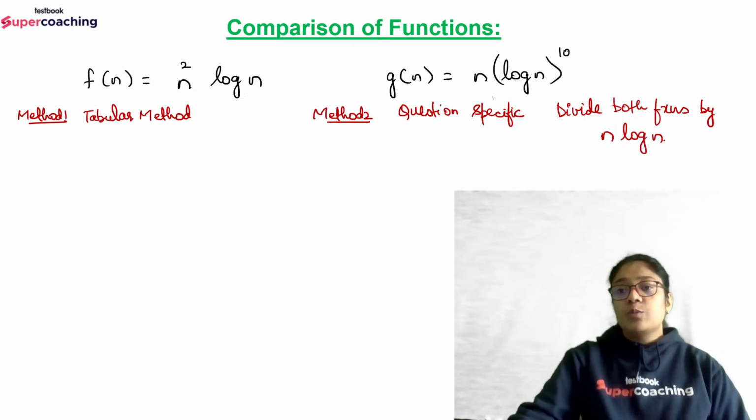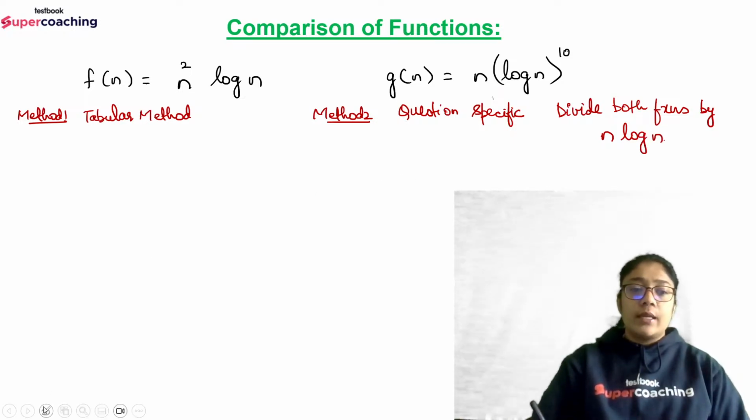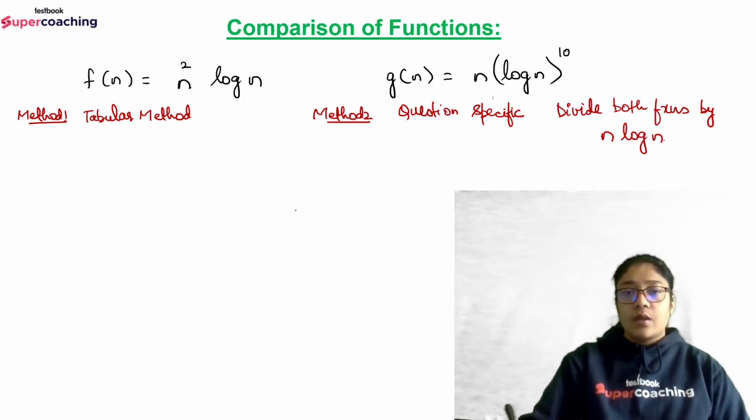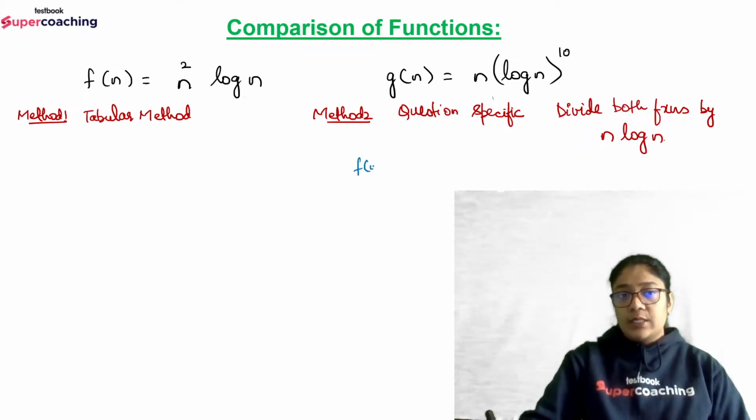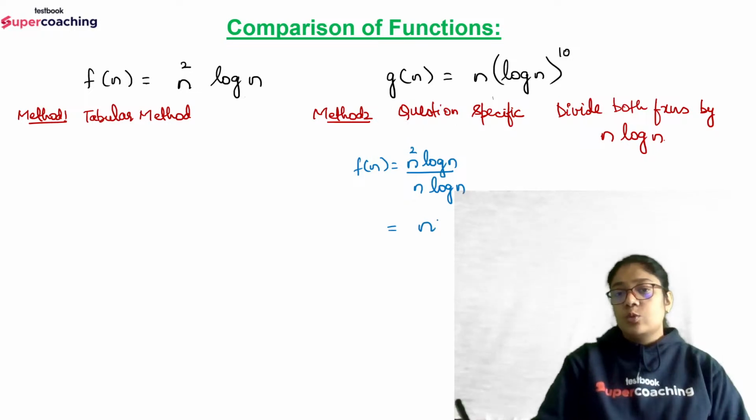When I divide both the functions by n log n, I'll get f of n is equal to n square log n divided by n log n, so this comes out to be n only.